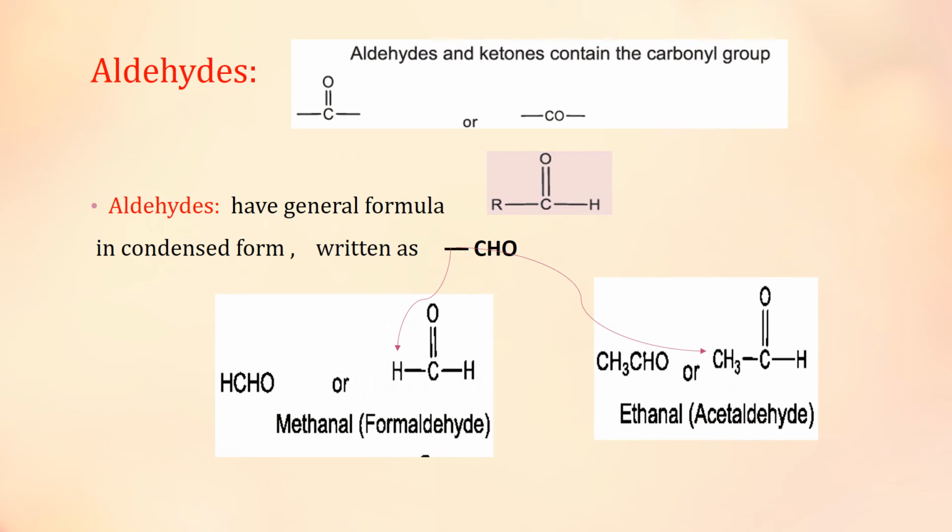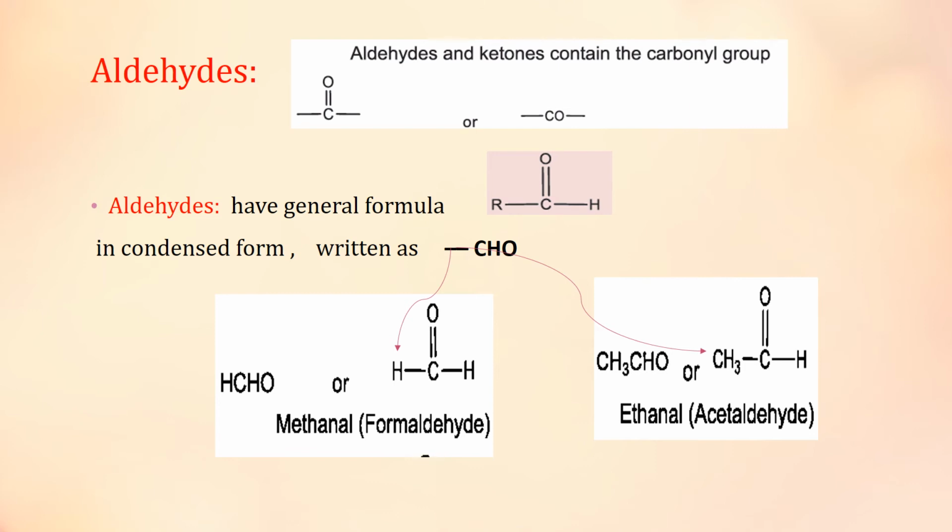Aldehydes and ketones both contain the carbonyl group, and this carbonyl group is indicated by C double bond O, or in the condensed form you can write it as CO. This carbonyl group is present in both the aldehyde family and the ketone family. In the case of aldehydes, the carbonyl group will contain one hydrogen atom on one side.